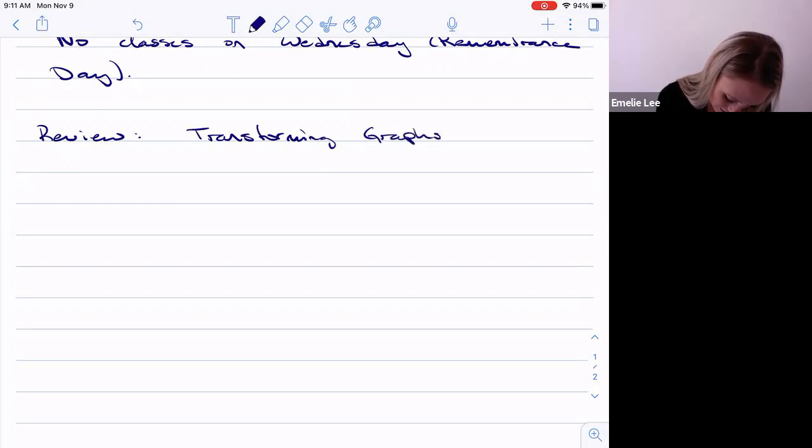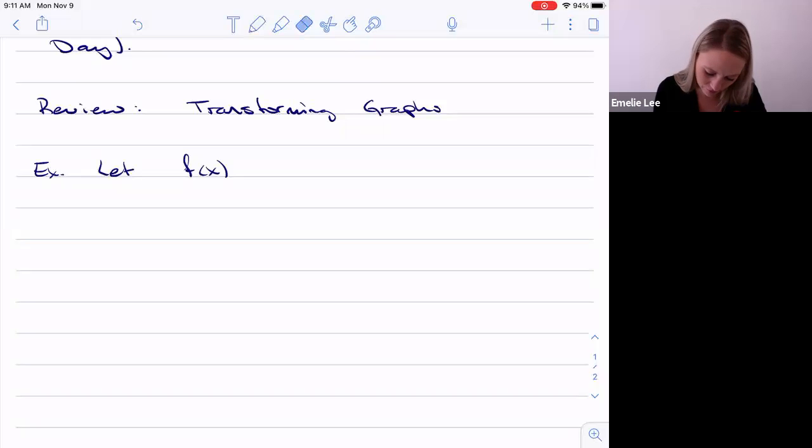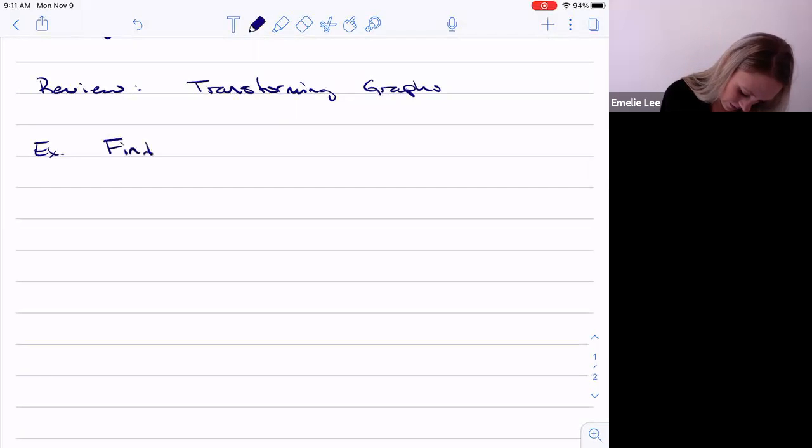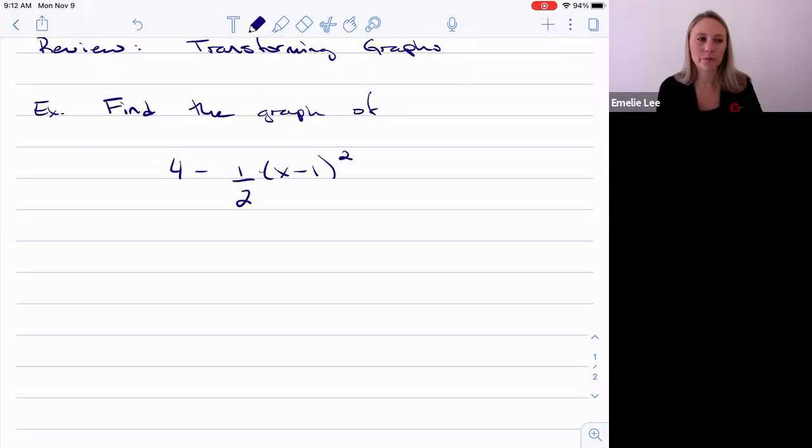For example, let's make it even harder, since I'll walk you through it and kind of hold your hand, so we can do some hard stuff. So find the graph of 4 minus 1/2 times x minus 1 squared.